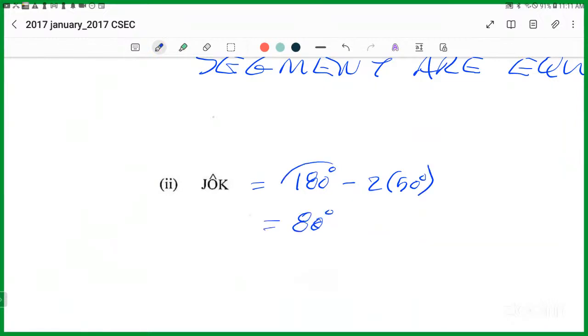That's because the total angle in an isosceles triangle is 180 degrees, and that's why we have 2 equal angles.